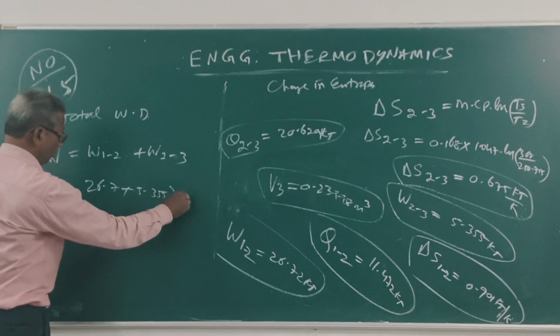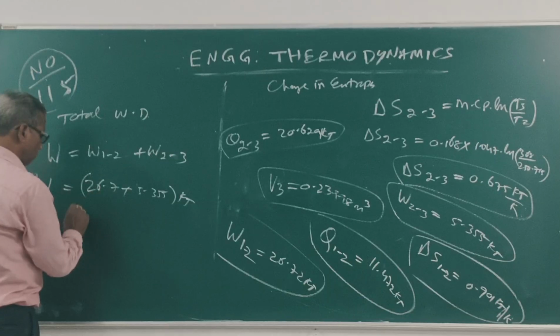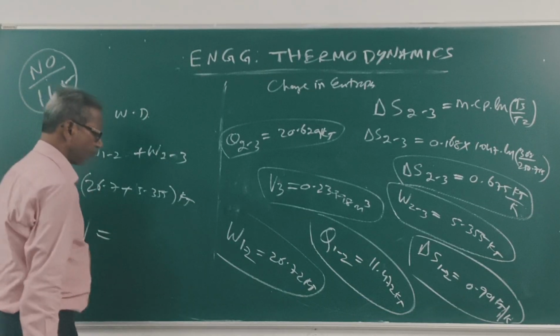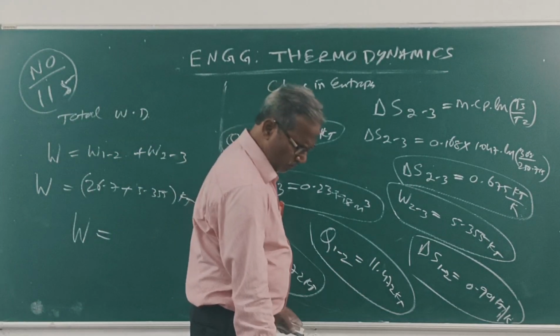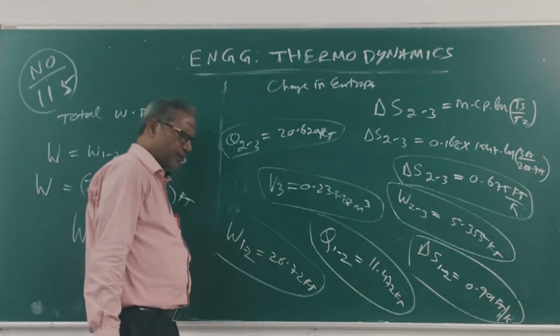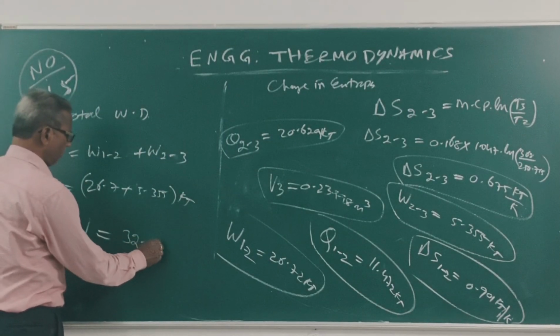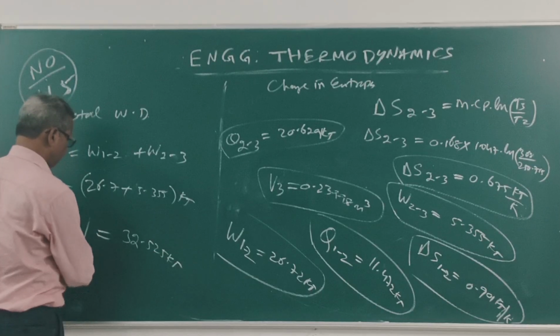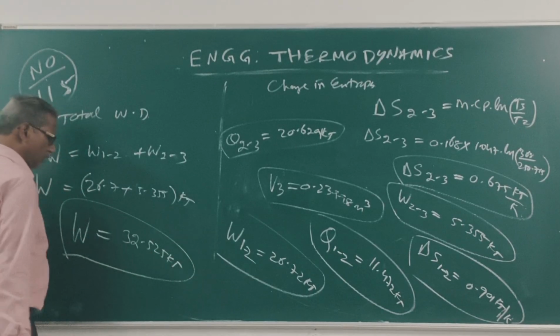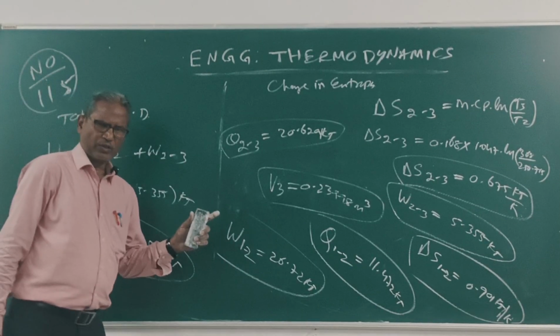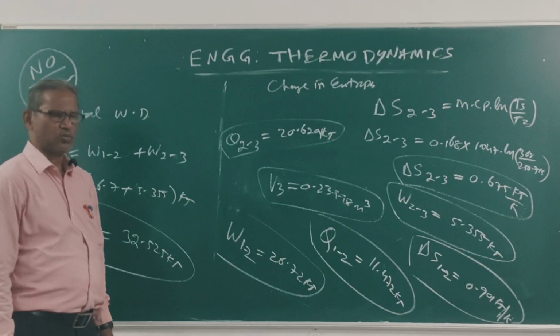Both are in kilojoule, so the answer is also in kilojoule. Clear? So W is equal to 32.525 kilojoule.